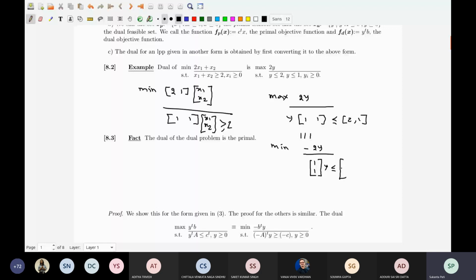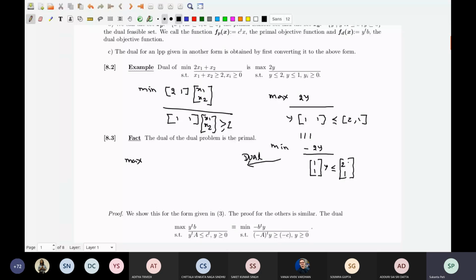And once it is a minimization problem, I can try to write the dual of this one. So this one's dual will be maximize y transpose b, so that y I have used, so I will use x transpose b.